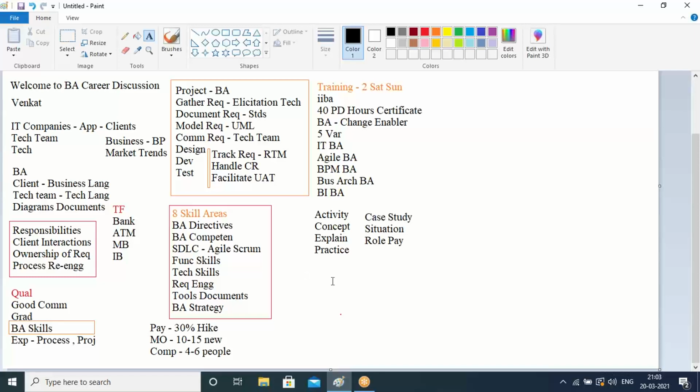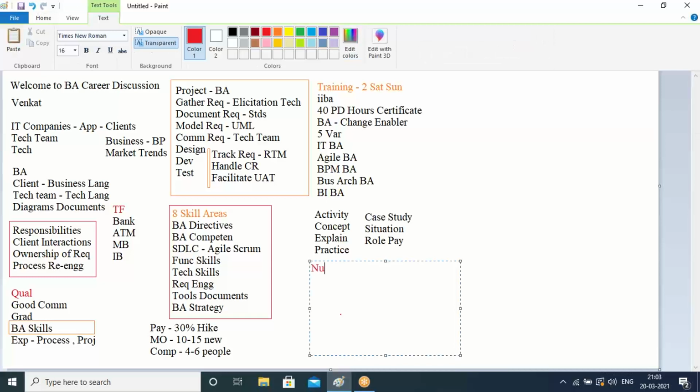And once this training is completed, then we start the nurturing process. Nurturing process means what you have learned in the training, we make you actually practice in the nurturing process. For that, we give you 40 plus activities.